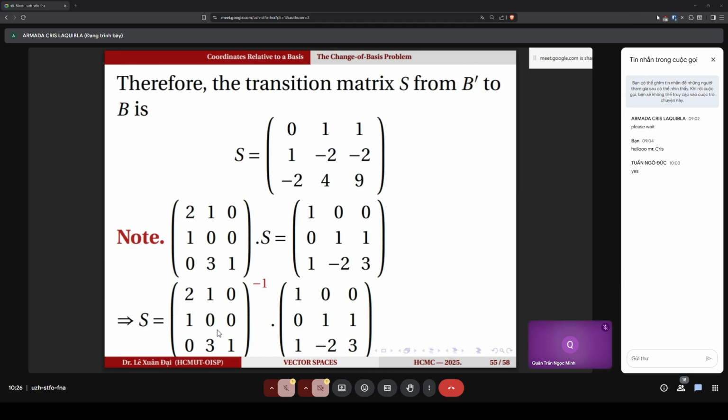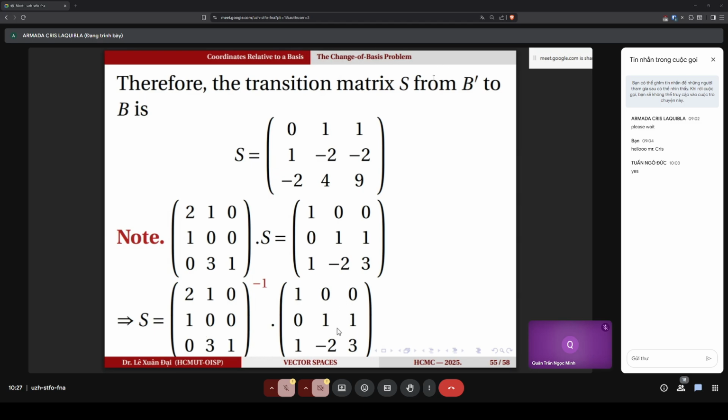And you're done. Now, if the question, class, changes, like what is the transition matrix S from B to B prime? If they say from B to B prime, what you are going to do is switch this.